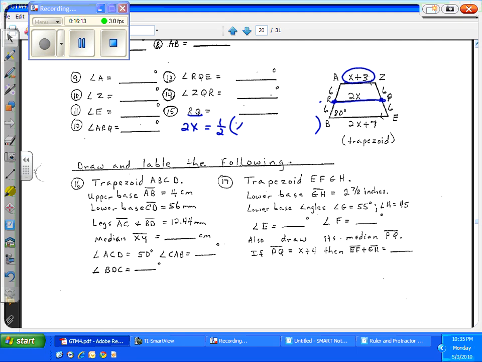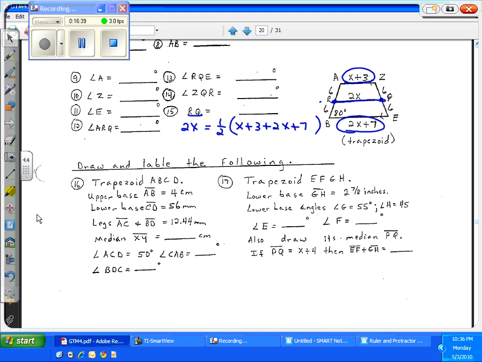The upper base is x plus 3. The lower base is 2x plus 7. So we get the equation median 2x is equal to 1/2 the sum of the bases, x plus 3 and 2x plus 7. And you're going to solve that as we showed you how in the example.